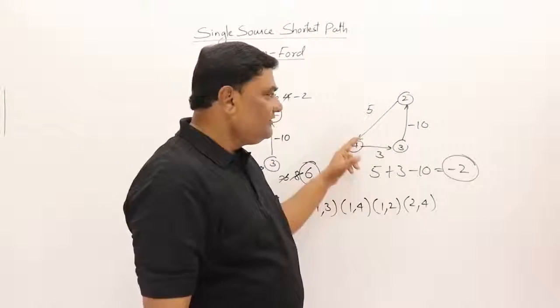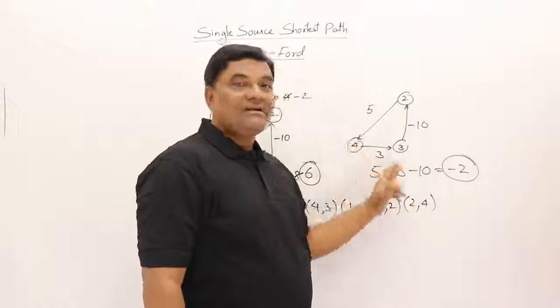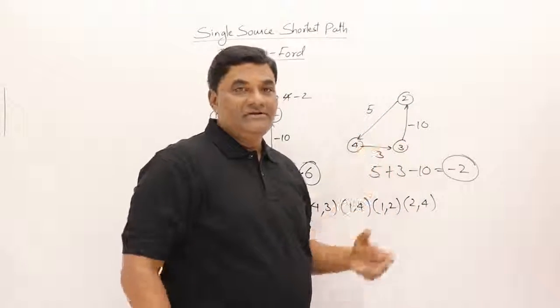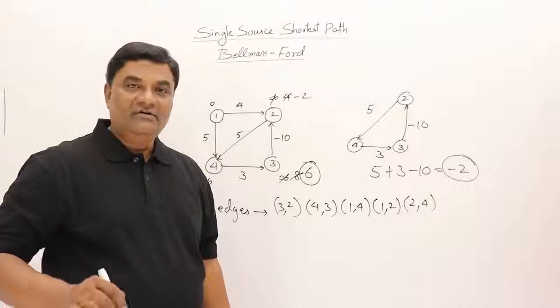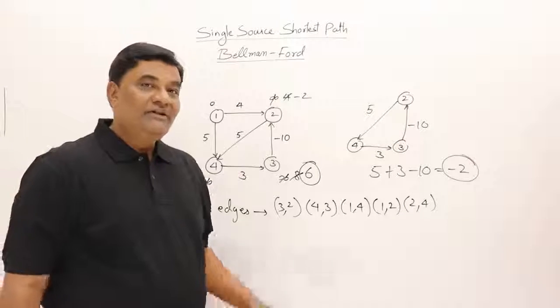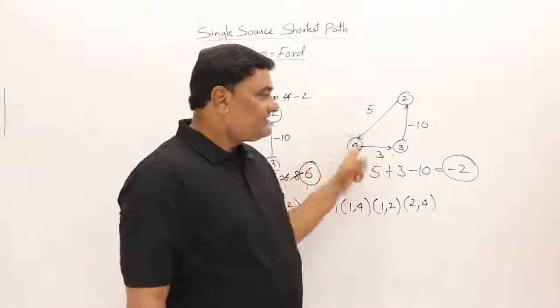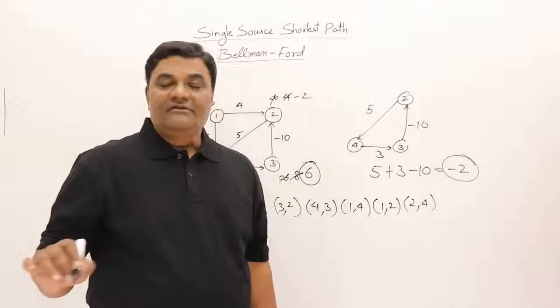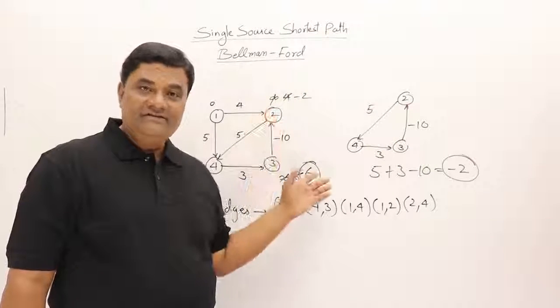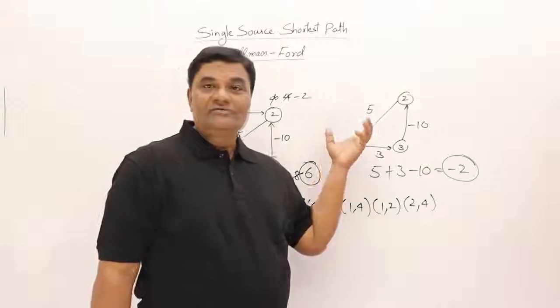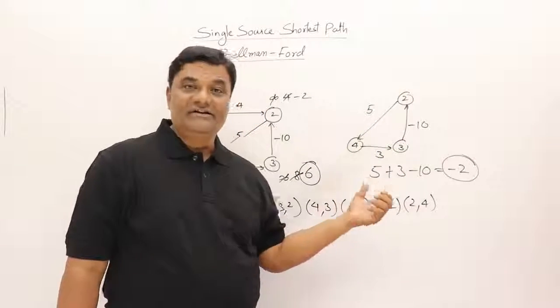So in this way, I'll be going on getting the path reduced every time. So there is no end to this. So I cannot decide or freeze the answer. So if there is a negative weight cycle, then the graph cannot be solved. Right? So Bellman-Ford fails to solve the graph if there is a negative weight cycle.